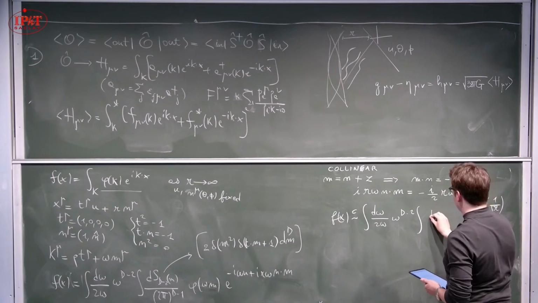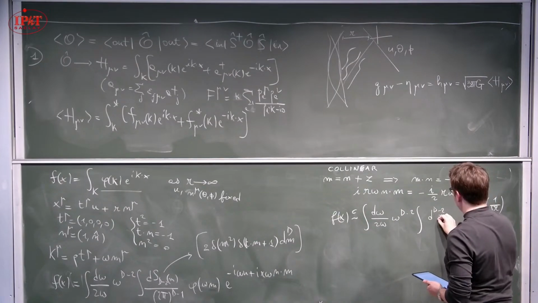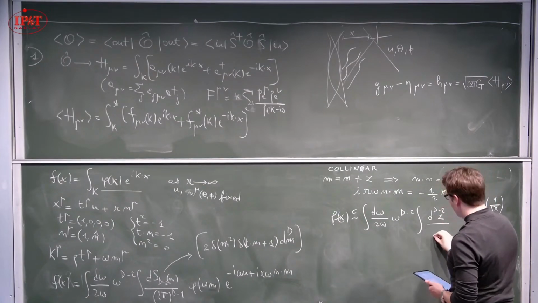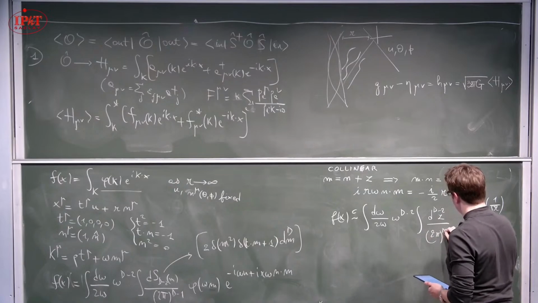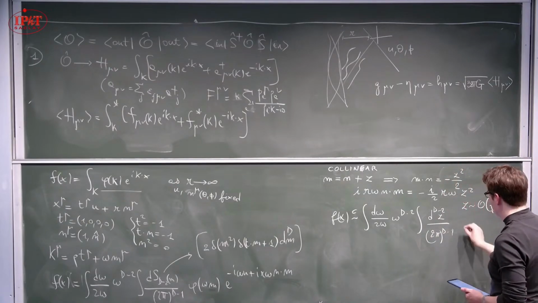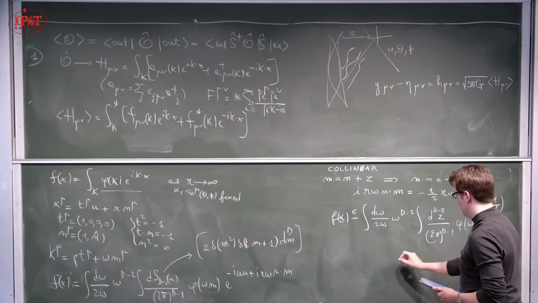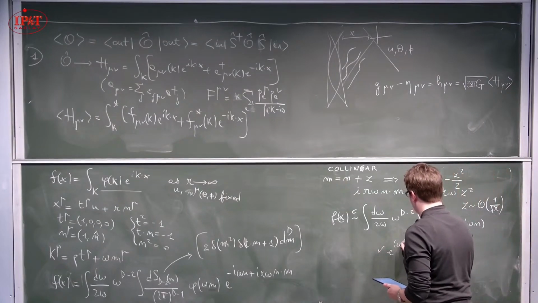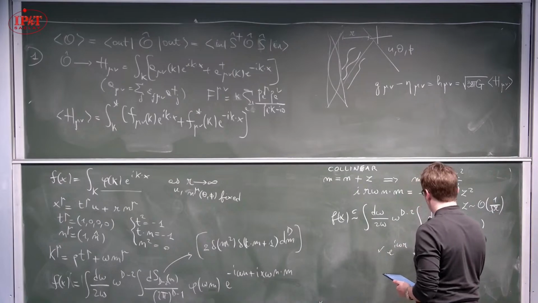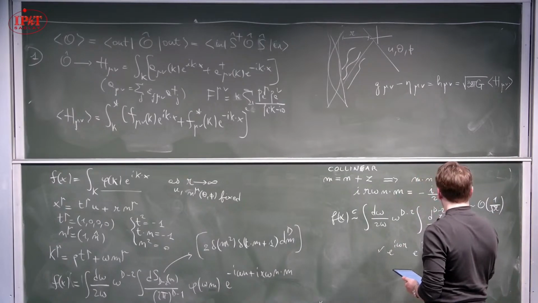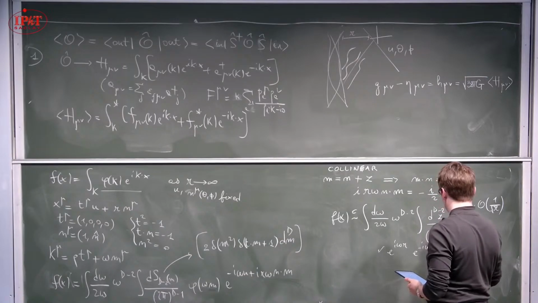So in practice, we get the d minus 2 dimensional integral over z divided by 2 pi to the d minus 1. Phi, we said we can just approximate omega n, and then the i omega r e to the i omega r minus i omega r z squared divided by 2.